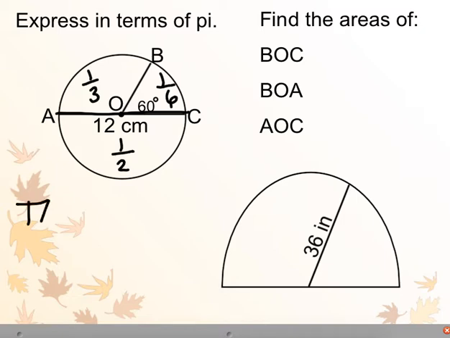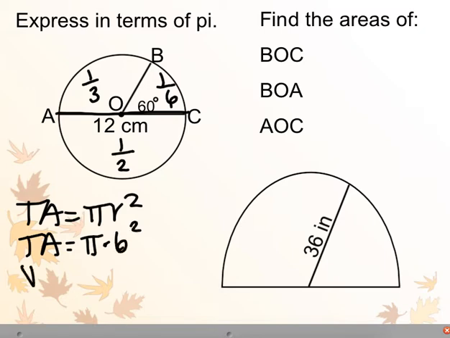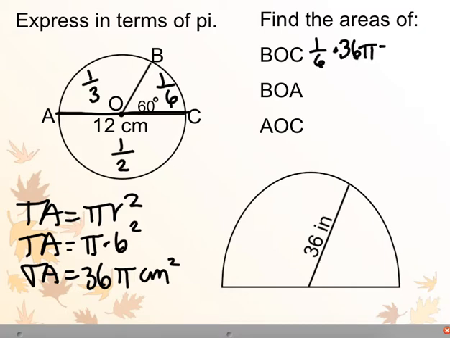Okay, so let's find the total area. The total area is going to be using pi r squared. So my total area is pi times, well, my radius is 6, so I'm going to do 6 squared. So my total area is 36 pi. So my BOC is 1/6 of 36 pi, that means that I have 6 pi centimeters squared there.